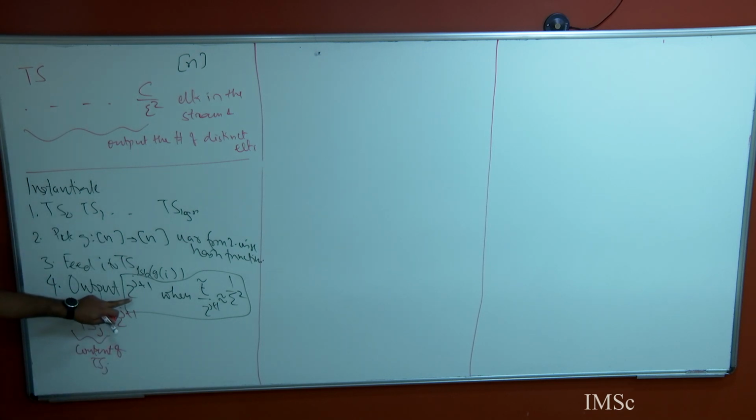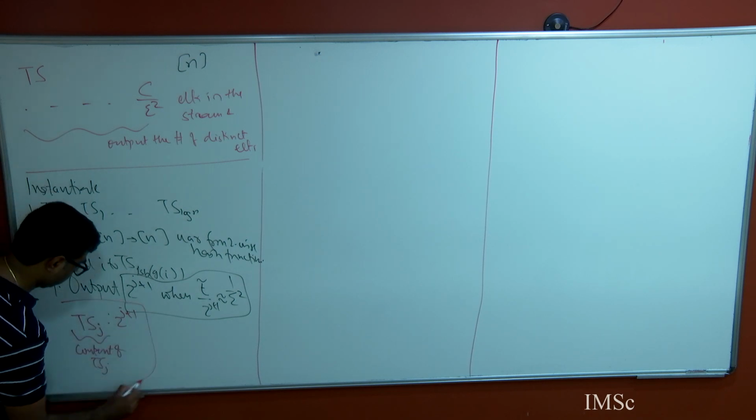Notice, if I always output 2 power j plus 1, there is absolutely no way that I can beat a factor 2 approximation. And I was claiming that this gives you a 1 plus epsilon approximation algorithm. So this is the change you need to make.